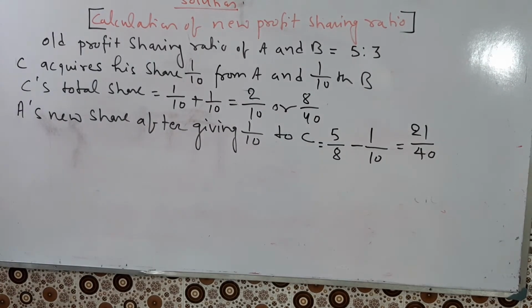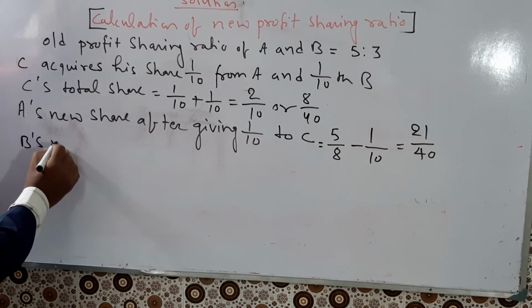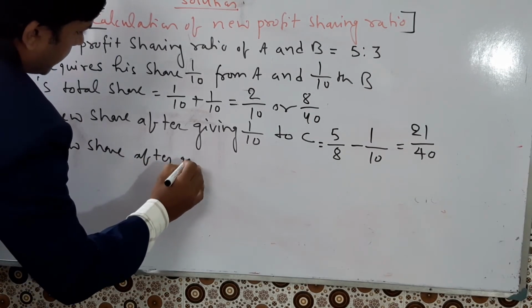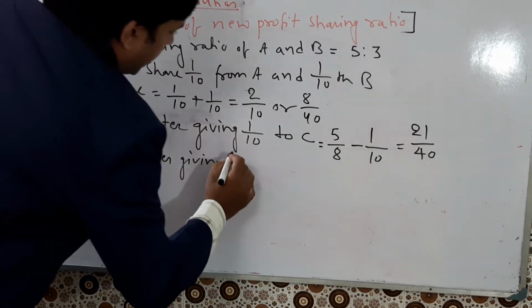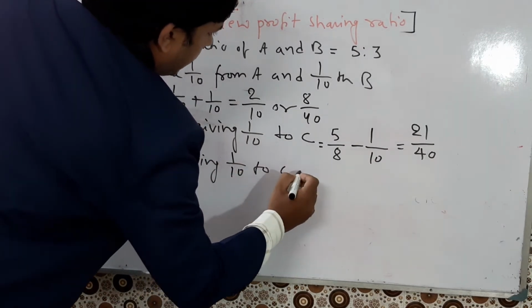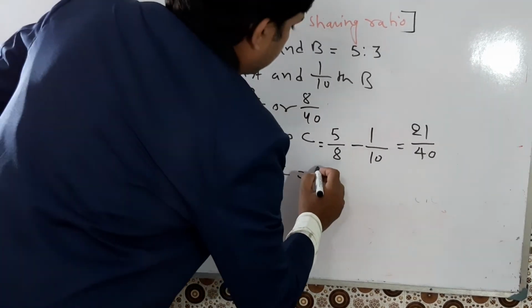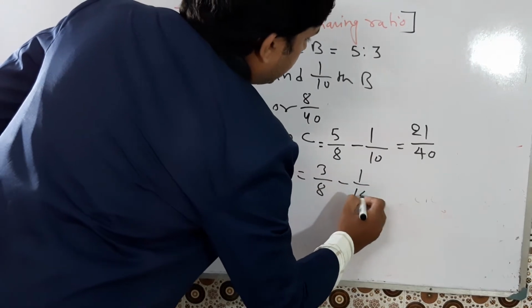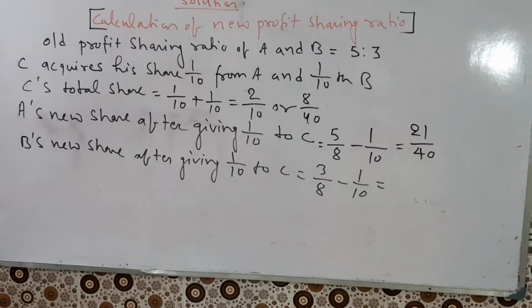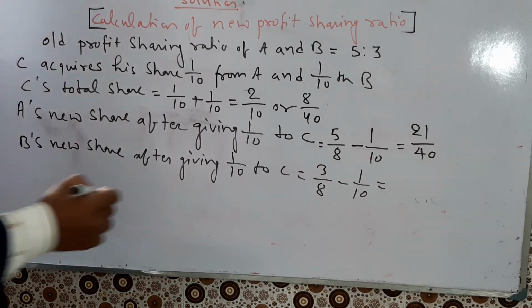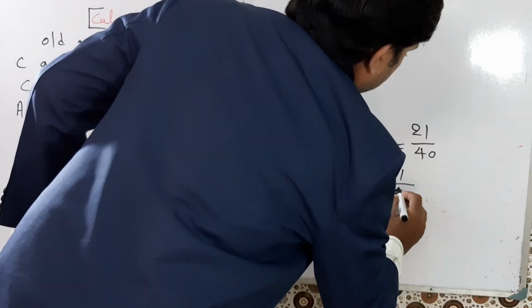B's new share after giving 1/10 to C is 3/8 minus 1/10. Calculate. B's new share is 11/40. Clear?